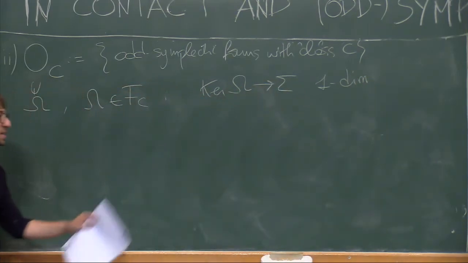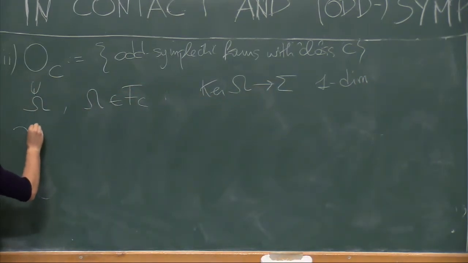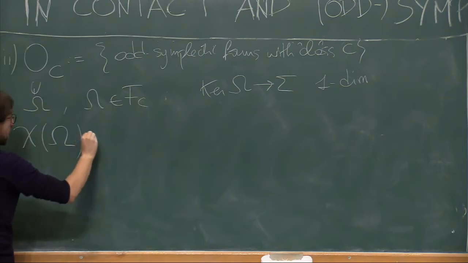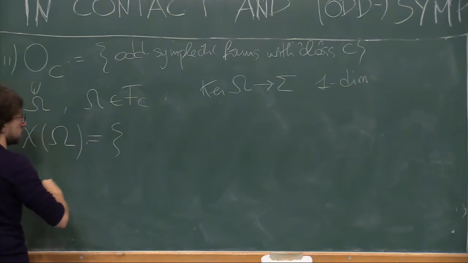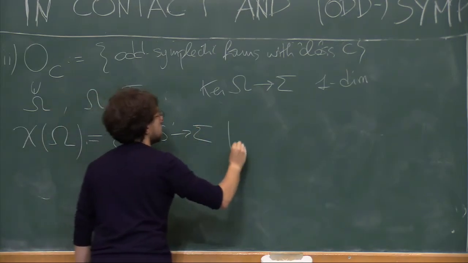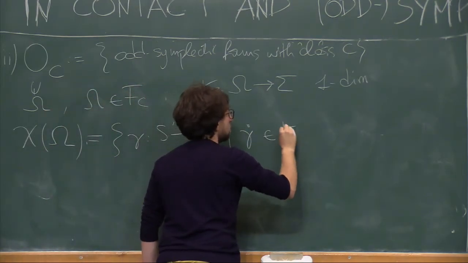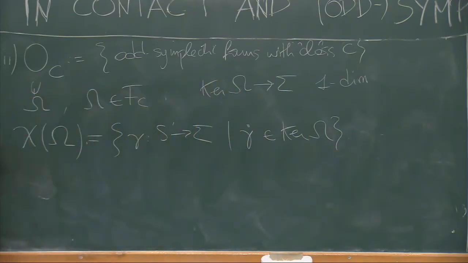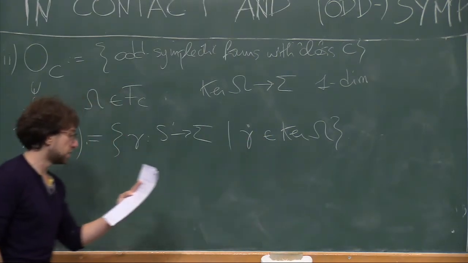Okay, so it's like maximally non-degenerate, and therefore I can consider the curves which are tangent to this distribution. These are the characteristics. So these are curves gamma from S1 into sigma, such that gamma dot belongs to the kernel of omega. Okay, so in this setting, we look for closed curves which are tangent to the distribution.